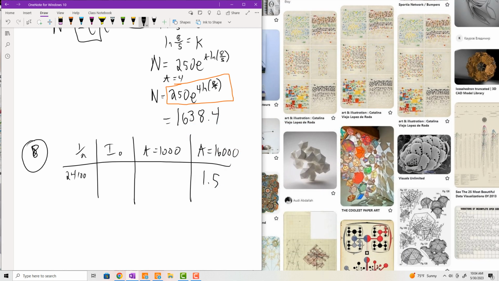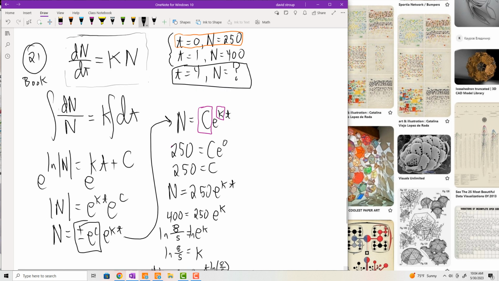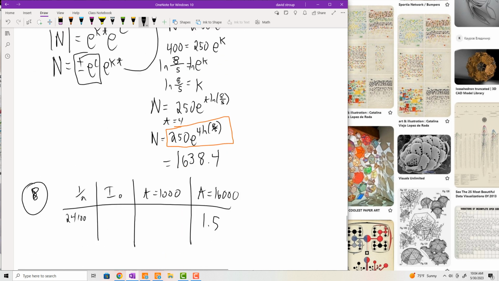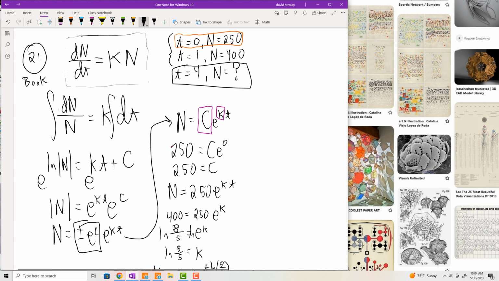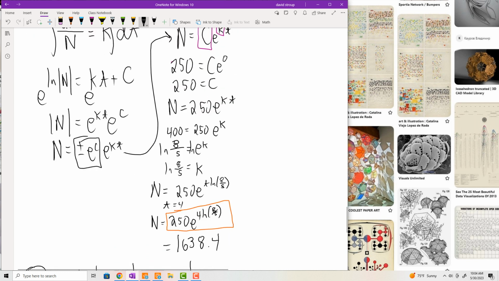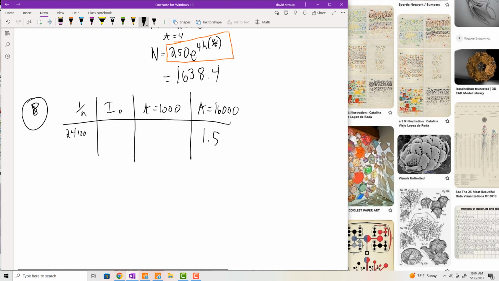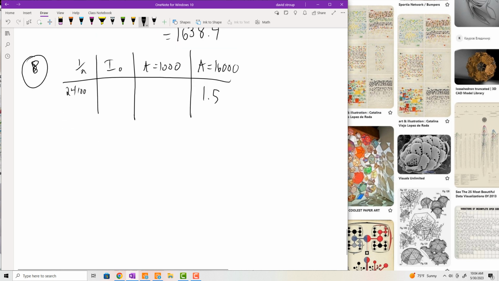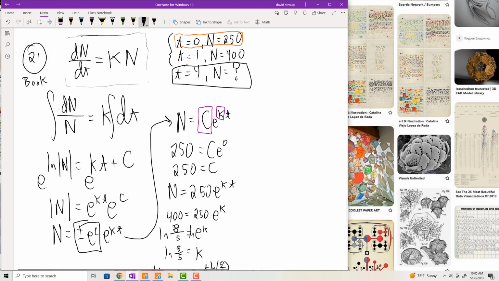Okay, so these problems work a lot like this previous problem, 21, in that they kind of give you some information and you have to solve for C and K and then use that new equation to solve for the unknown information. Okay, so the kind of new piece is that half-life, and now you don't have to really start with the differential equation.